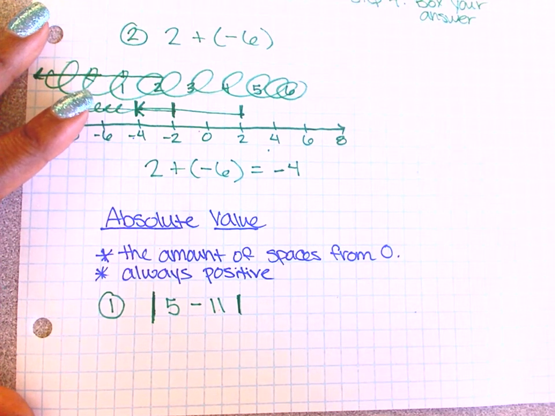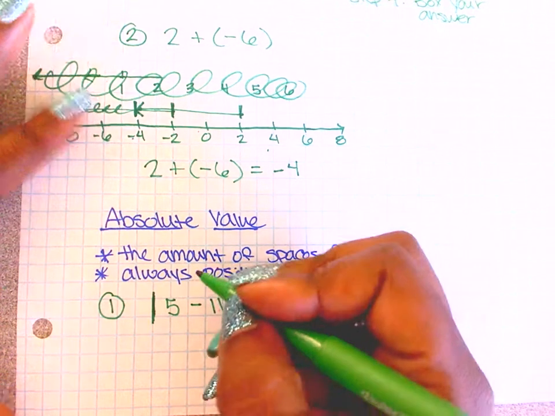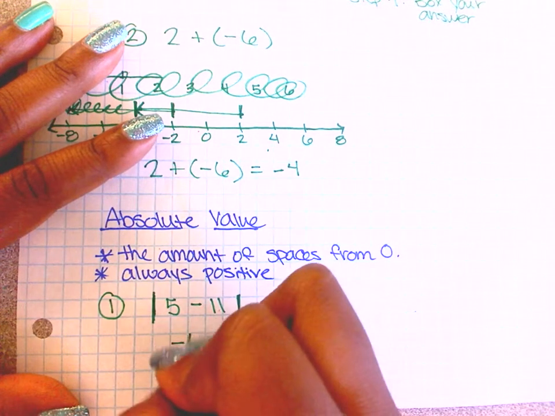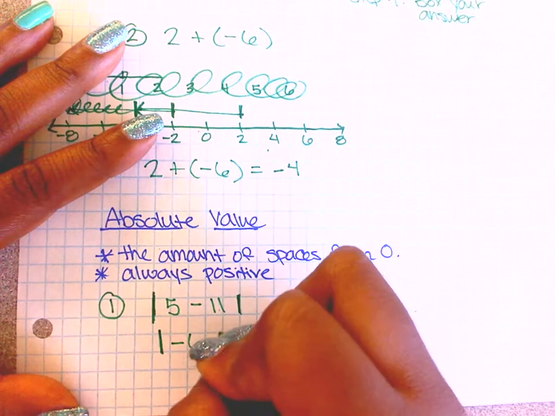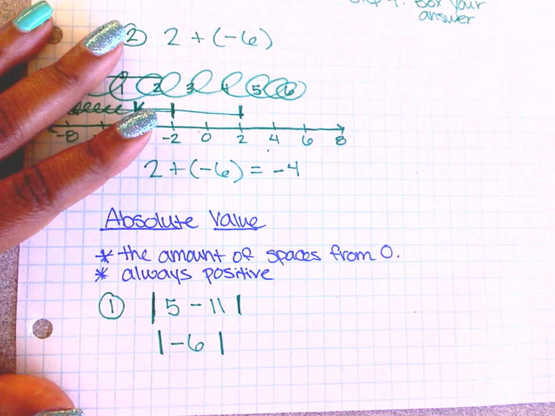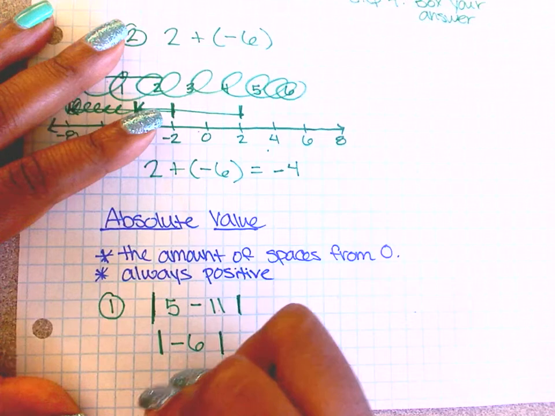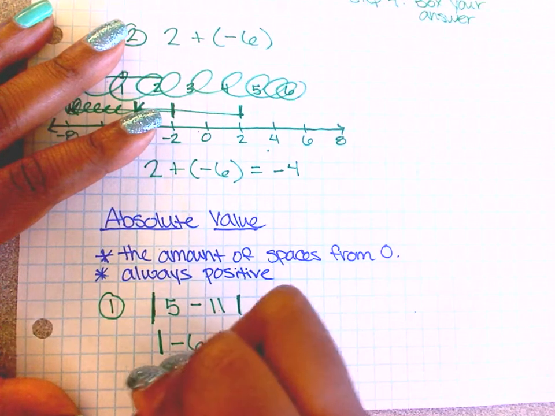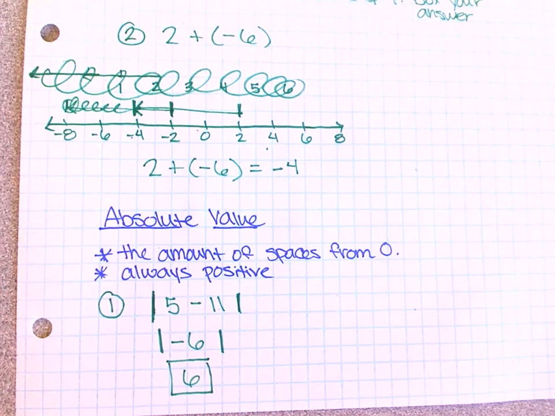Same signs add and keep, different signs subtract. So I'm just going to subtract 11 from 5, and I get negative 6. It's still in the absolute value. I'm just working with what's inside first. So then, how many spaces is negative 6 from 0? 6 spaces. So that's your answer. Very simple.